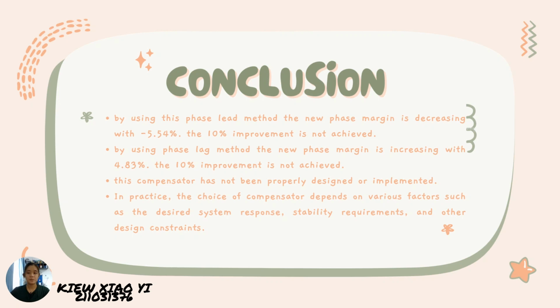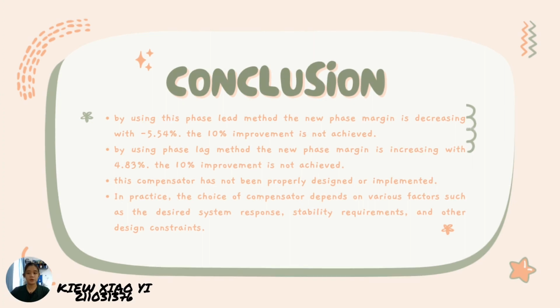As a result, the 10% improvement is also not achieved. By comparing the results, the lag compensator was able to achieve a larger improvement in the phase margin because the percentage of increment of the phase lag compensator is 4.83%, while the phase lead compensator is negative 5.54%.